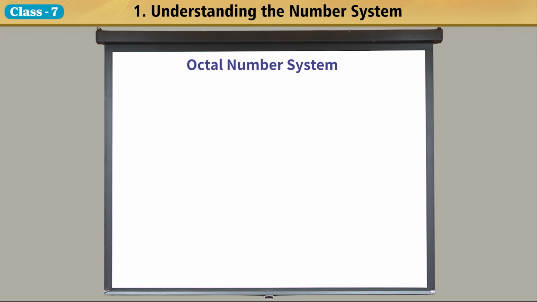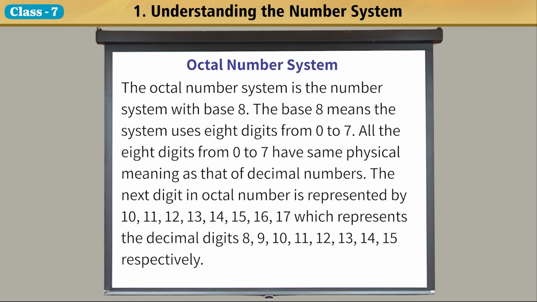Octal number system. The octal number system is the number system with base 8. The base 8 means the system uses 8 digits from 0 to 7. All the 8 digits from 0 to 7 have same physical meaning as that of decimal numbers.